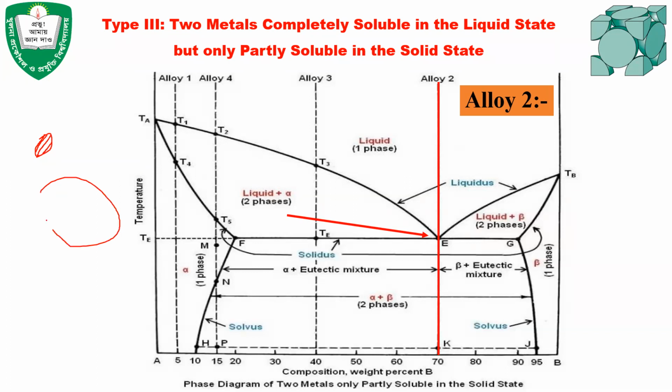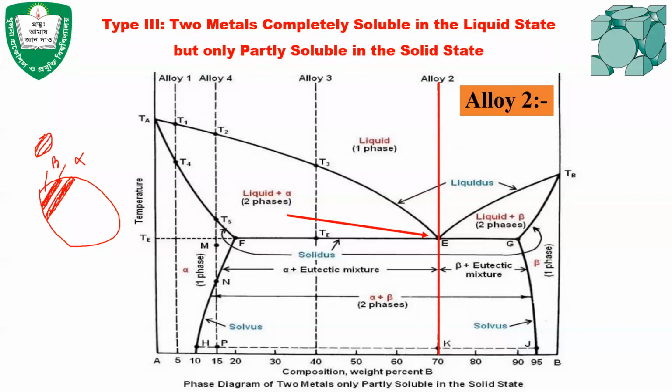Let's say if I draw it more elaborately, this red region is indicating alpha, and the white region is indicating beta. So they will be solidified side by side, similar to the eutectic mixture that we have seen in the case of type 2 diagram.